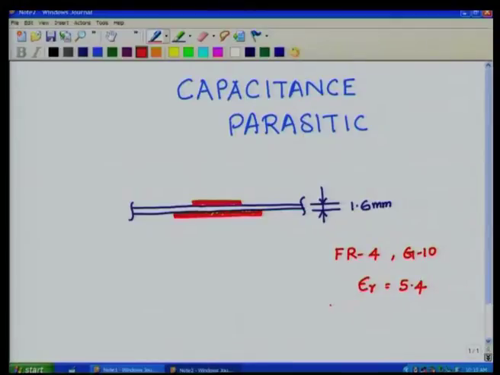And if it is FR2, FR3 type of board, you have an epsilon r of around 4.8. So, it will vary from board material to board material, but these are the orders of magnitude that you would experience with the most common boards.